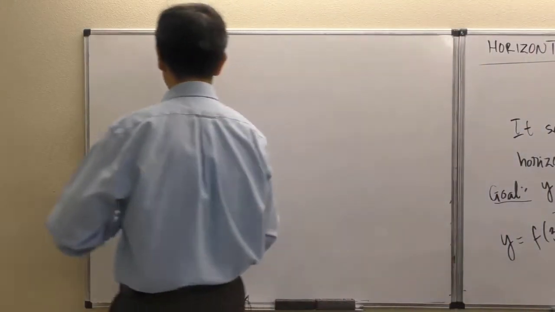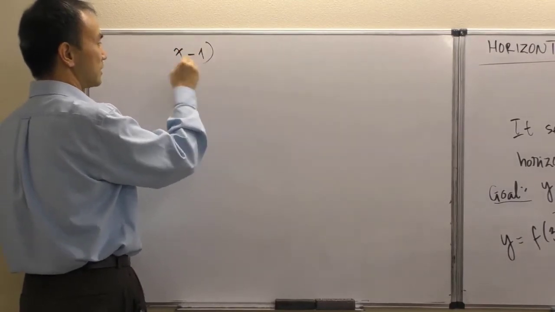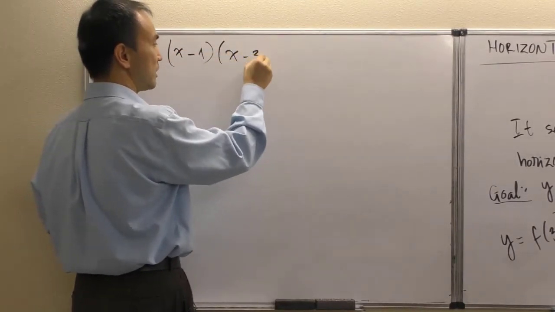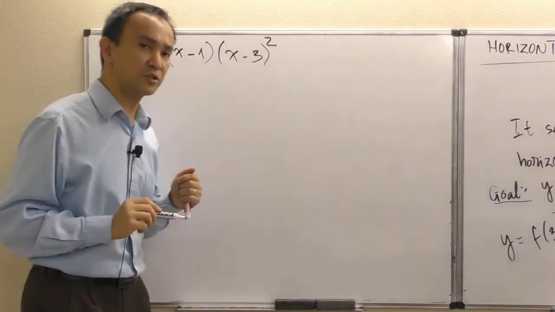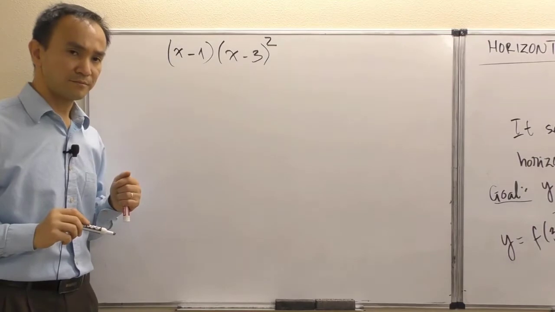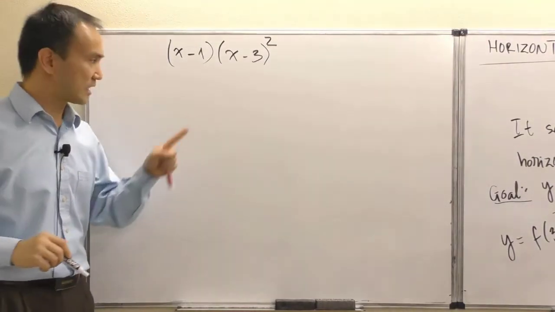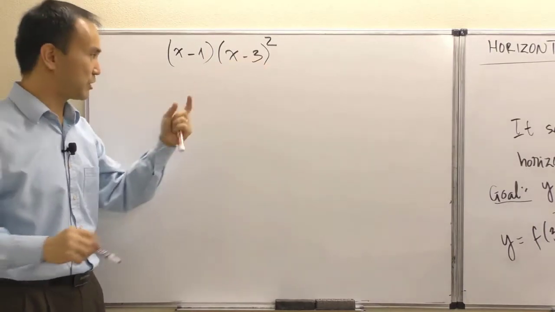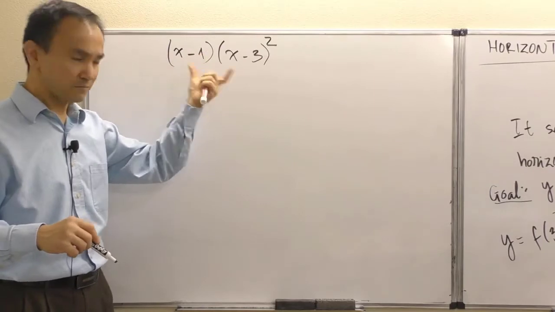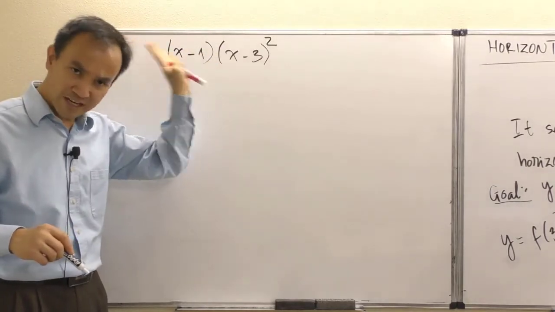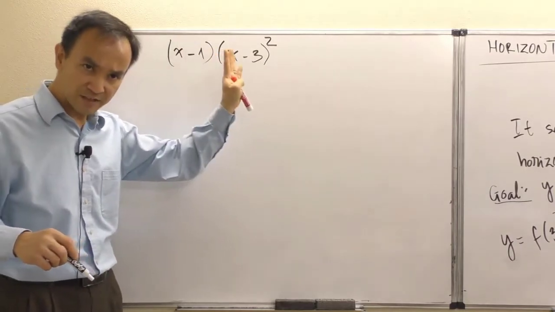Okay, so now I'm going to get to the other board and allow me to bring in the following. Let me introduce x minus 1 times x minus 3, all squared. Do a little verification for yourself. Do foiling, because this is x minus 3 times x minus 3. Right now, at first sight, it's a polynomial in factor form.